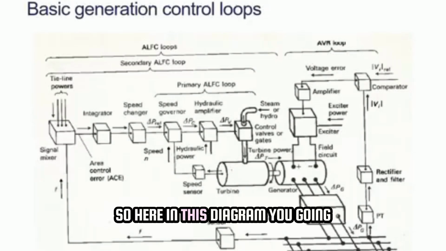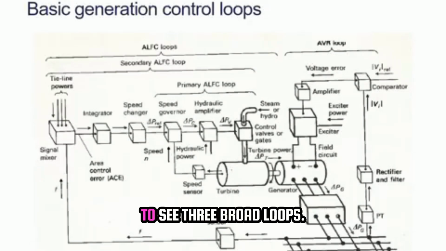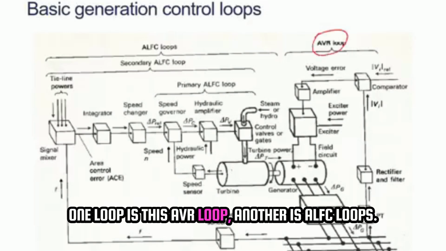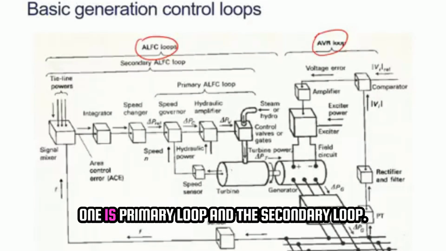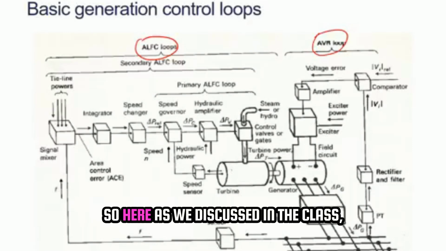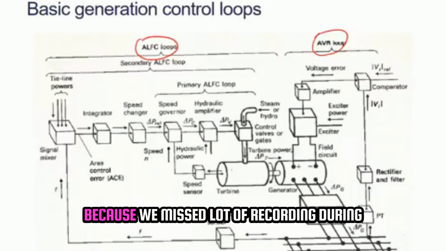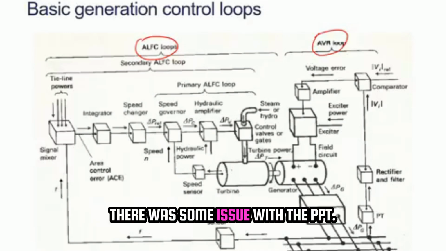So at this small time duration, in this diagram you are going to see three broad loops. One is the AVR loop, another is the ALFC loops, and under the ALFC there are two broad loops: the primary loop and the secondary loop. As we discussed in class, I am recording this afterwards because we missed a lot of the recording; there was some issue with the PPT.